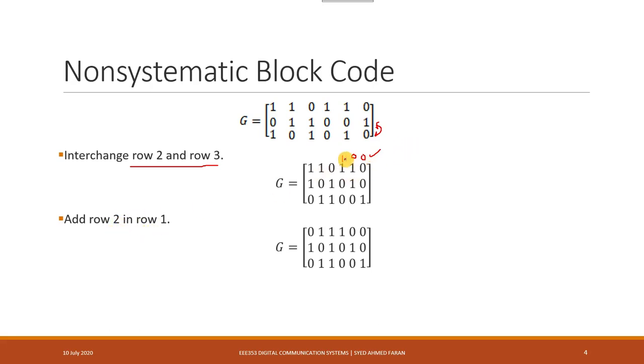This is the result of adding this row to this row: 1 plus 1 is 0, 1 plus 0 is 1, 0 plus 1 is 1, 1 plus 0 is 1, 1 plus 1 is 0, 0 plus 0 is 0.